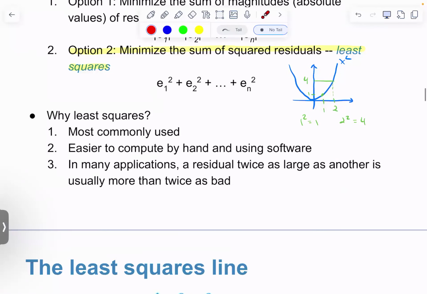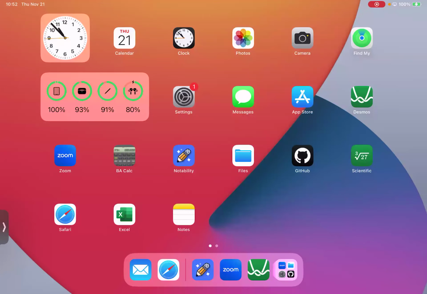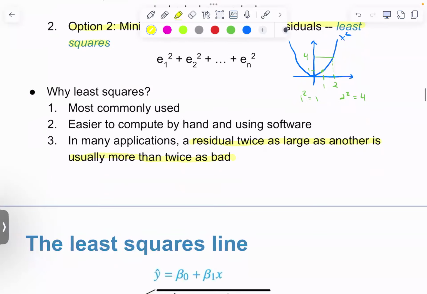And so here, a residual twice as large as another, so from 1 to 2, for example, is usually more than twice as bad. Bad in terms of fitting our line.